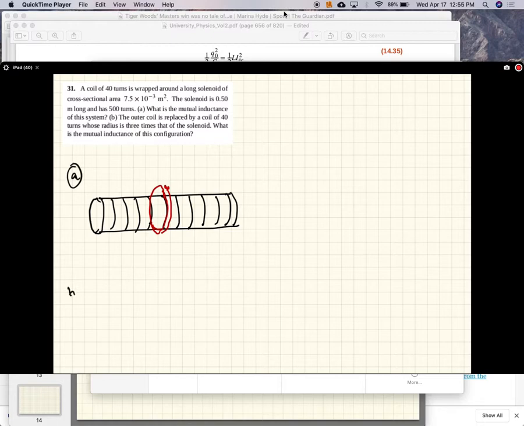For part B, I'll draw the diagram again. Same concept of turns. No, the outer coil has a bigger radius, that's all.